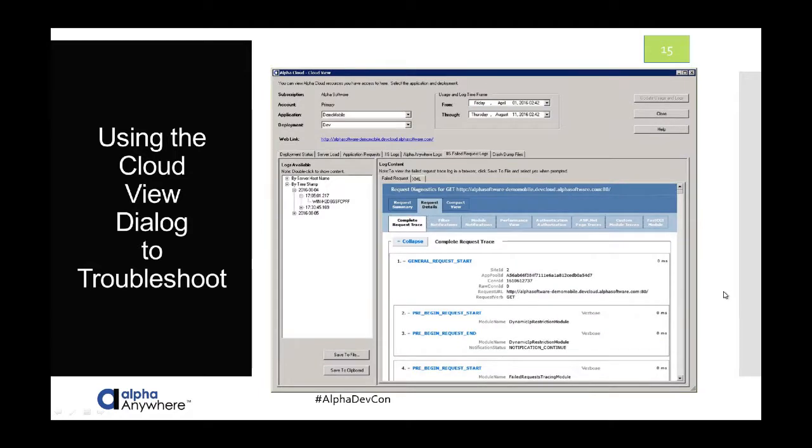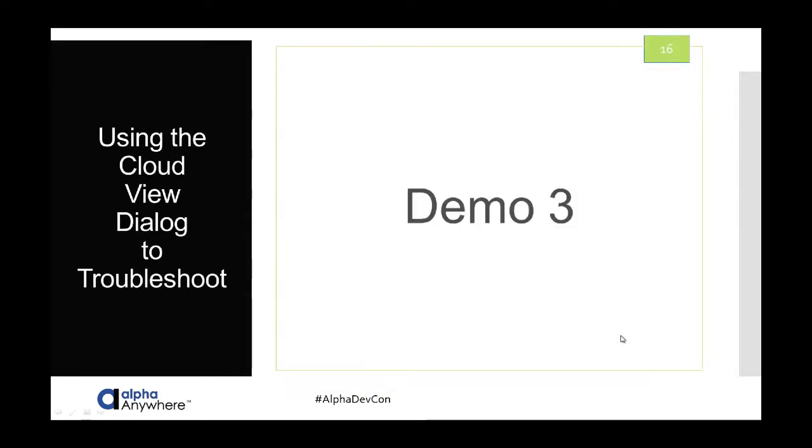And we've actually embedded the XSLT transform that IIS generates along with failed requests so that you can look at some fairly complex information to see why a particular request has failed. Again, that's all within the Cloud View dialog. Okay, let's stop. Let's take a look at the Cloud View dialog.